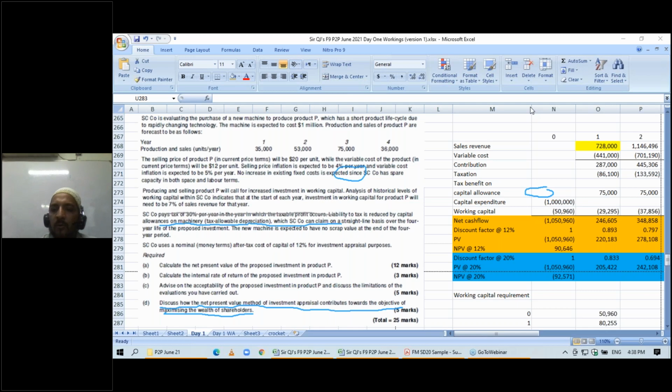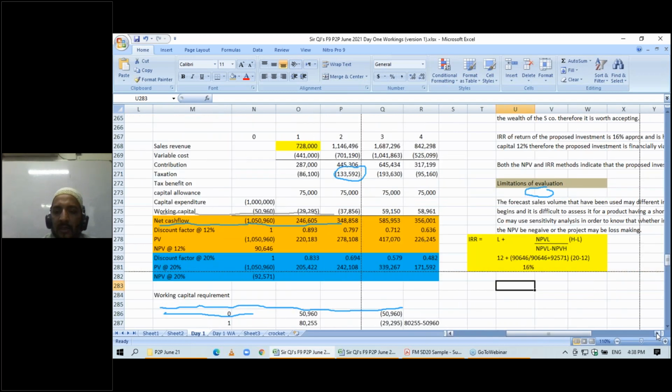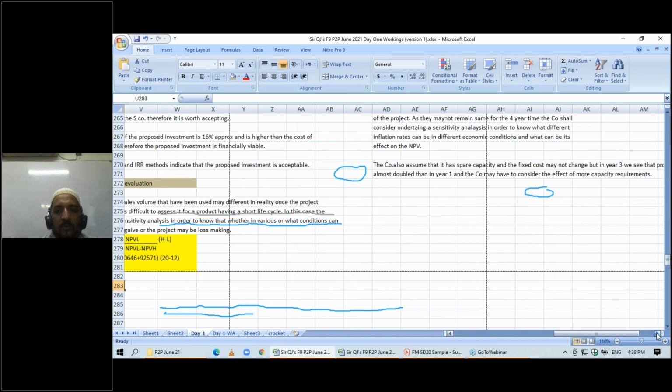I'll be moving the sheet once more so that people who have not noted it can do it. I'm scrolling it towards the answer. So please, I'm giving you a 2-minute time to note it down.